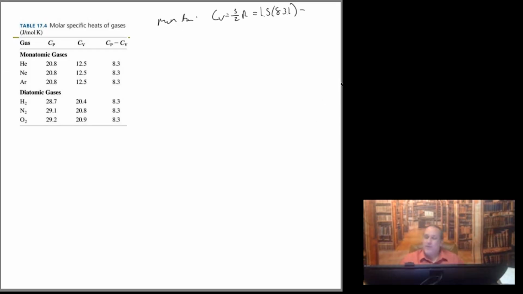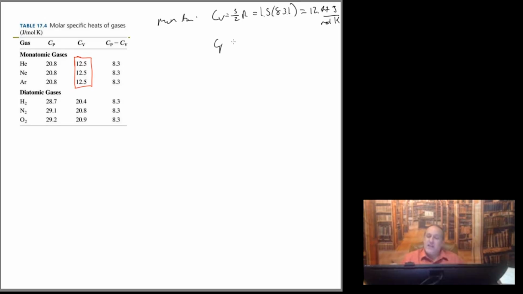And that's 12.47 joules per mole Kelvin. And notice for all of my monatomic gases, the data round to 12.5. I round to 12.5 also.